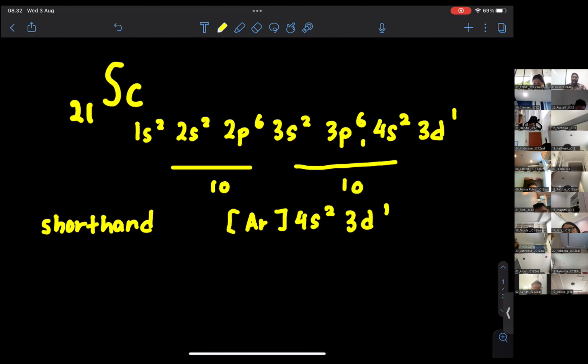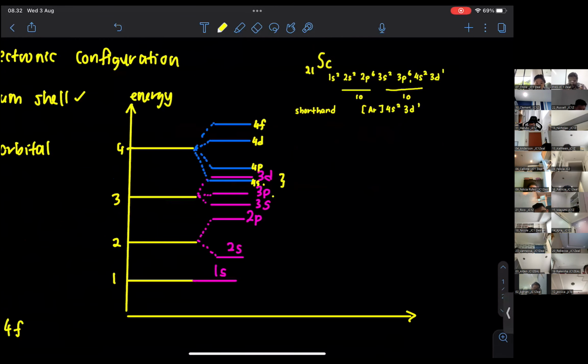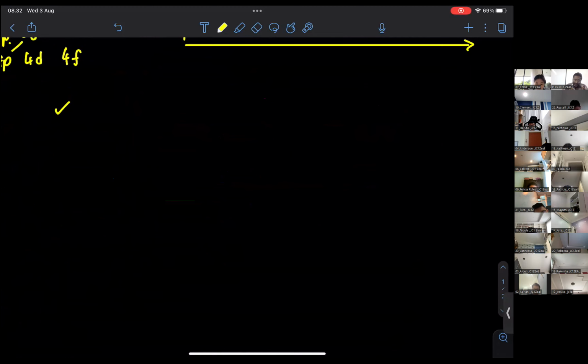But I want you to focus on these two exceptions: chromium and copper. Chromium is 24, copper is 29. Let's look at how we write the electronic configuration. Just to save time, I will use argon.